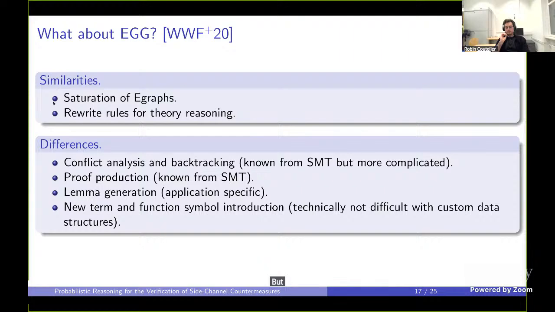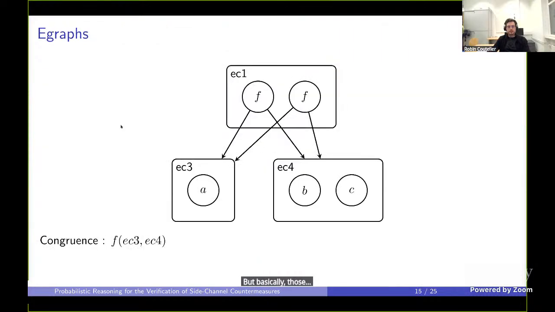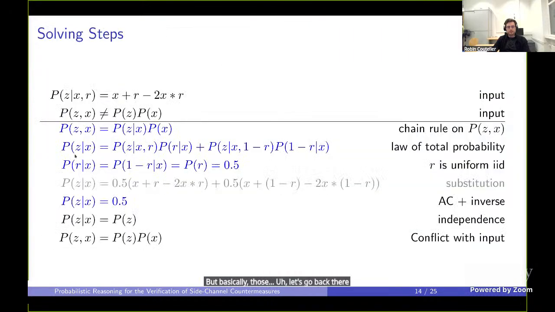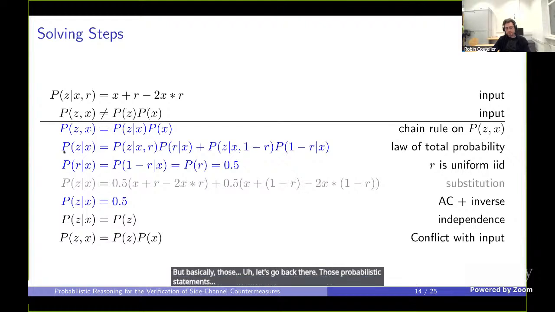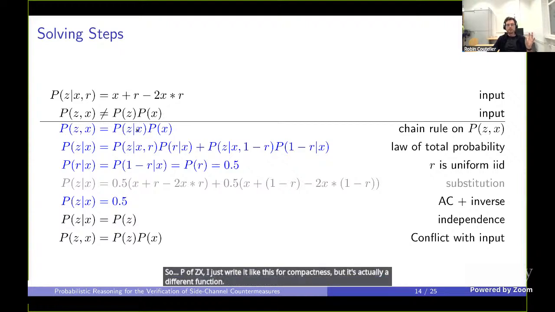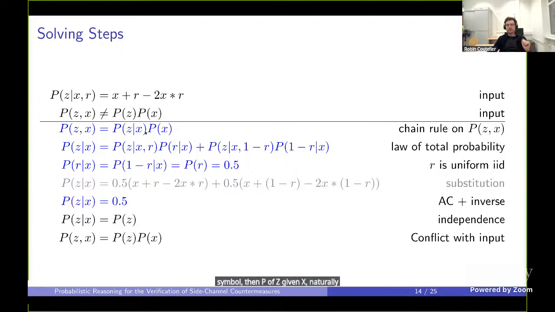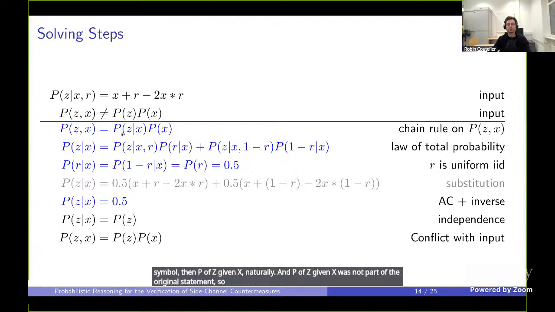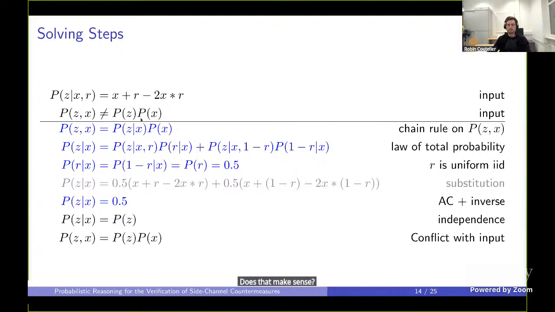But basically, those probabilistic statements, they are actually new functions every time. So P of zx, I just write it like this for compactness, but it's actually a different function symbol than P of z given x, naturally. And P of z given x was not part of the original statement, so I introduced new function symbols. Does that make sense? I think so.